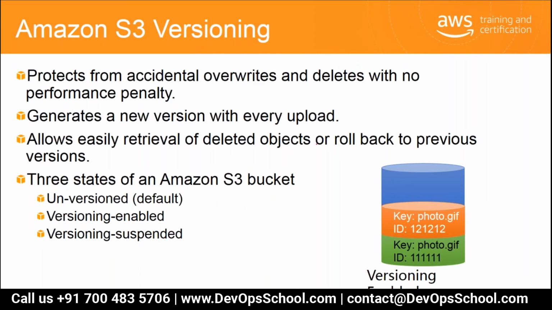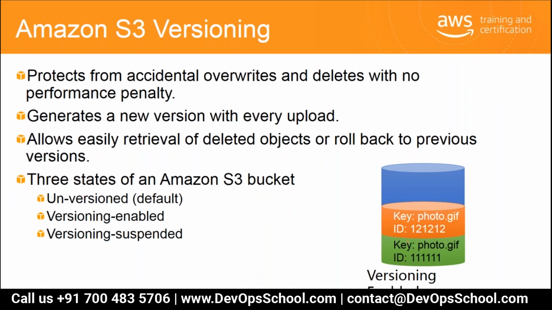With that, if you delete a file accidentally, or even if you want to do it explicitly, if you delete photo.gif, just a reference will be deleted, but the objects will still be available in your bucket, unless you explicitly delete all the versions of that object.